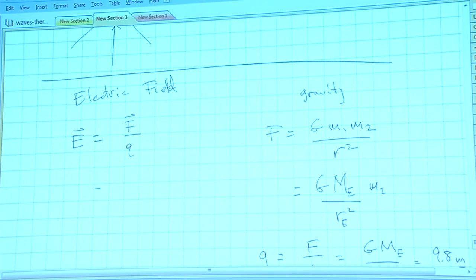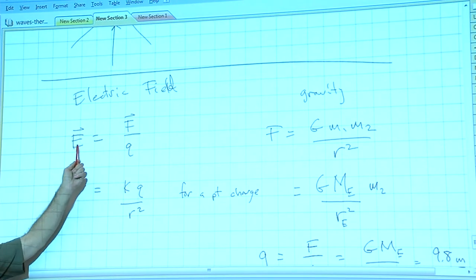So for a point charge, what is the electric field? Because we've taken F and divided it by one of the charges, and that's what we're left with.